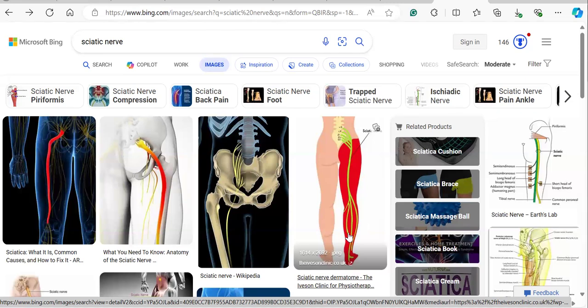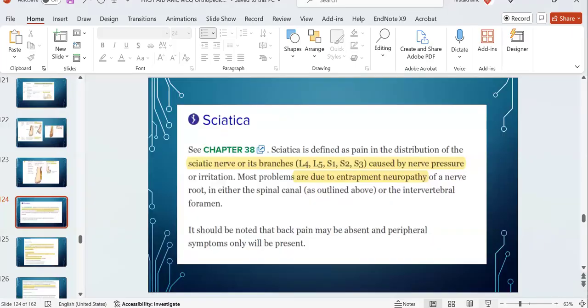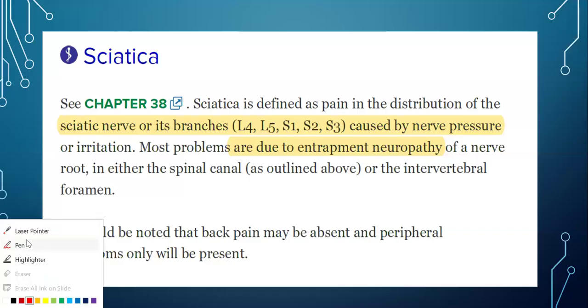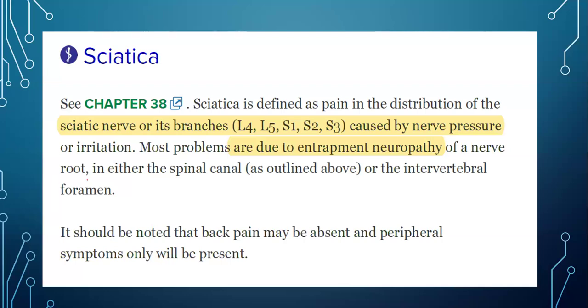I will come to that later, but just remember that the sciatic nerve runs through the whole posterior part of your leg. So if someone has sciatica, that means the sciatic nerve has been pinched in their back.